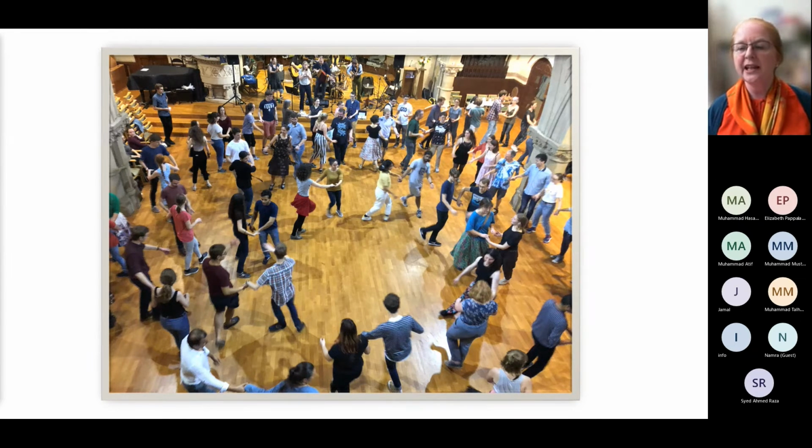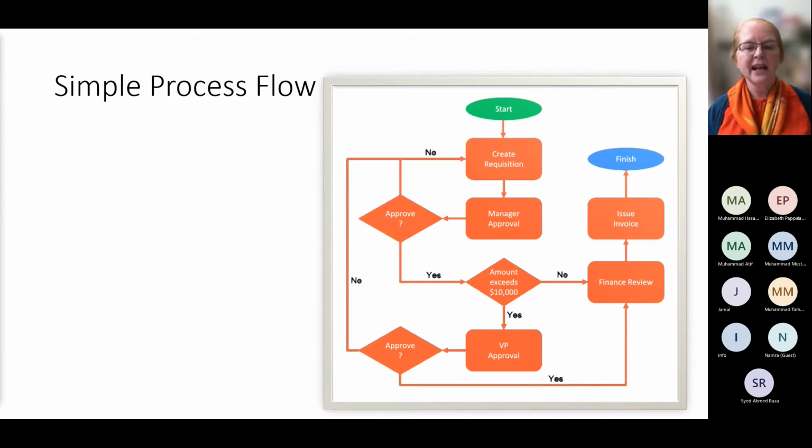What I want to get from my clients for a process is a diagram. So a simple flowchart style diagram similar to the one on the screen. And if we look at this one on the screen, what we've got is a number of actions. So I'm now highlighting one of those actions in yellow, i.e. manager approval.